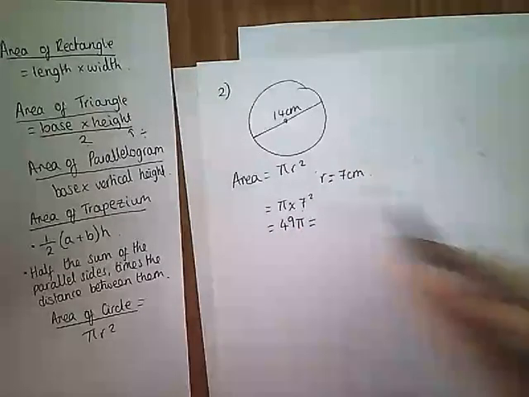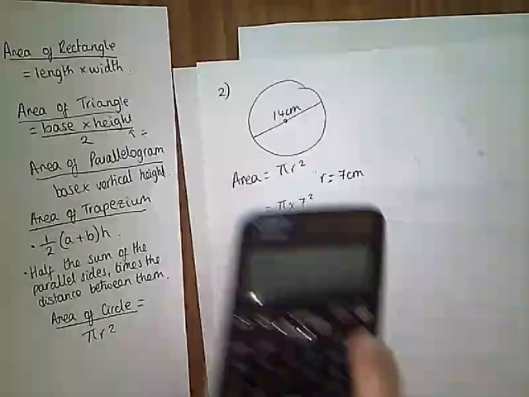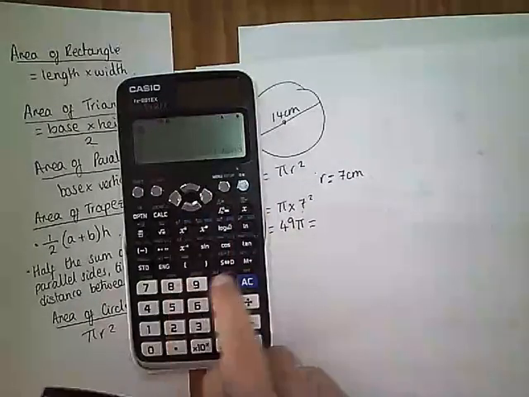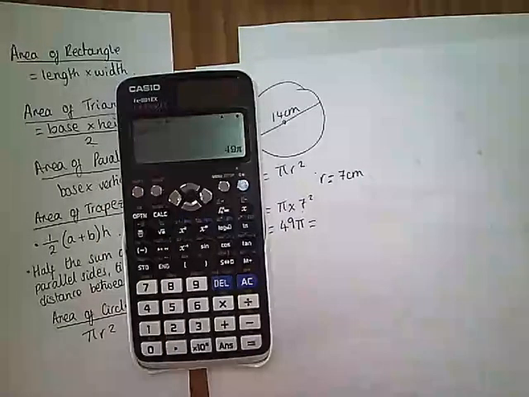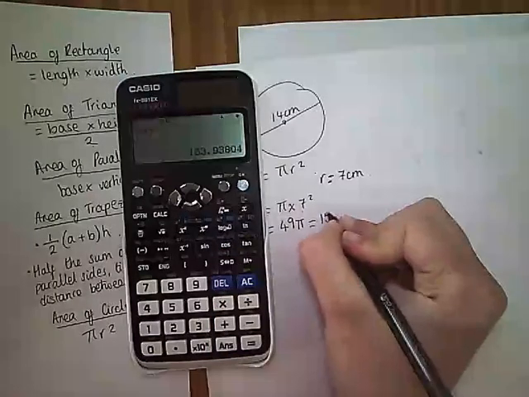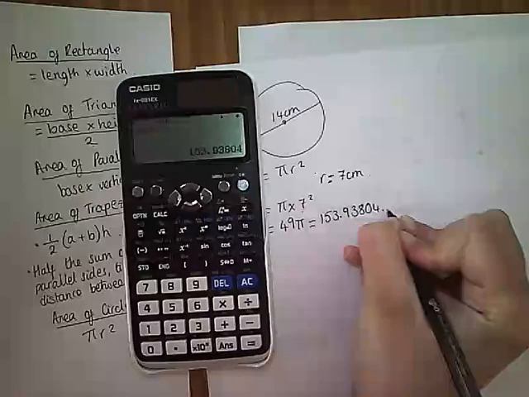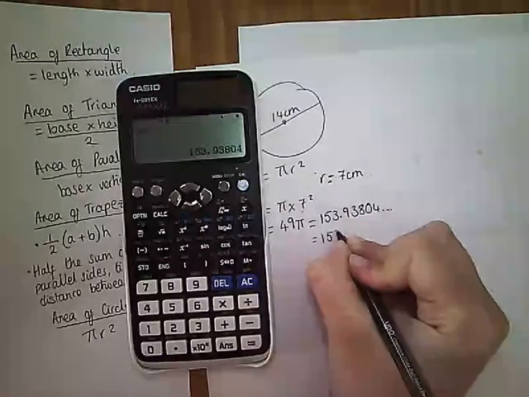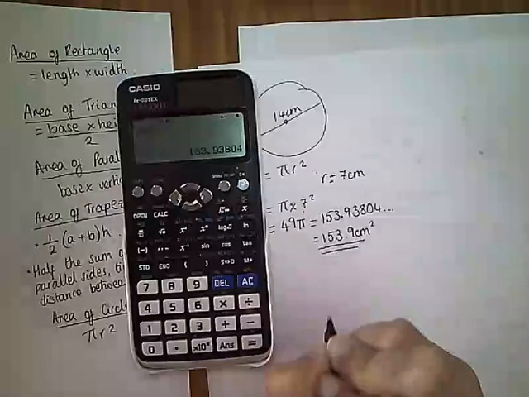And then let's put that in a calculator so we can work out what that is as a decimal. So we've got pi times 7 squared, 49 pi, which we worked out already. SD means that it's 153.93804, and that is 153.9 centimetres squared to 1 decimal place.